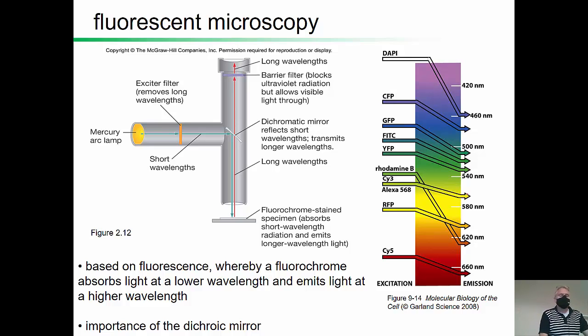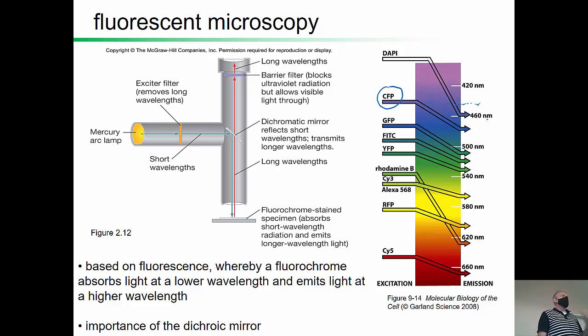On the right-hand side, we can see examples of many different fluorescent stains. For example, cyan fluorescent protein absorbs light at maybe around 440 nanometers, but it emits light at maybe 480 or 475.